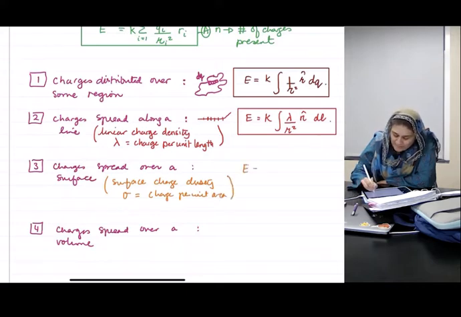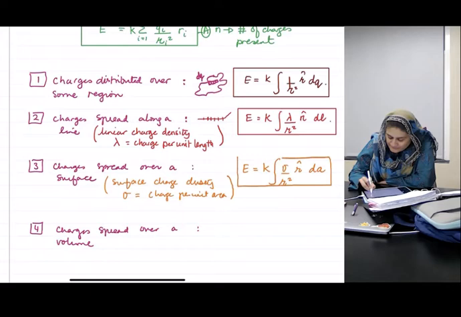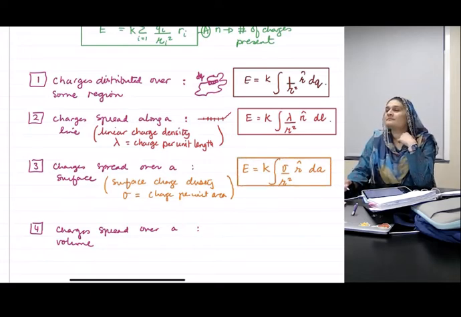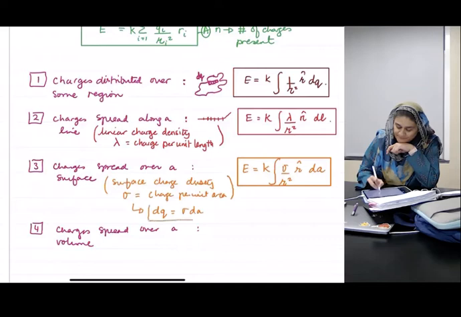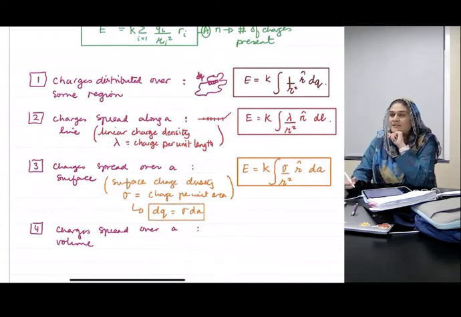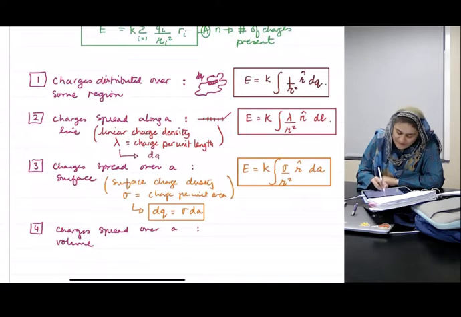In this case, E becomes K integration sigma R hat over R squared dA. Everybody understands how I'm replacing them, right? Because this implies that my dq will now become sigma dA. So I am replacing my dq's everywhere. And this implies that for the line, dq will become lambda dL.